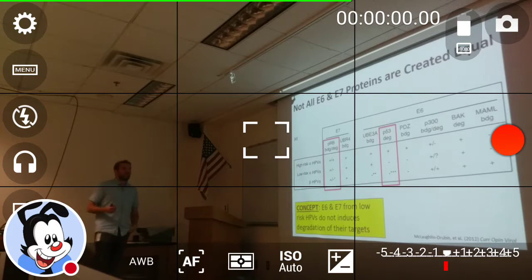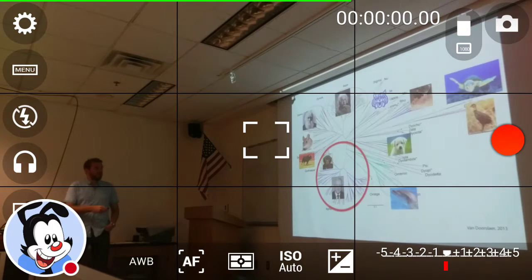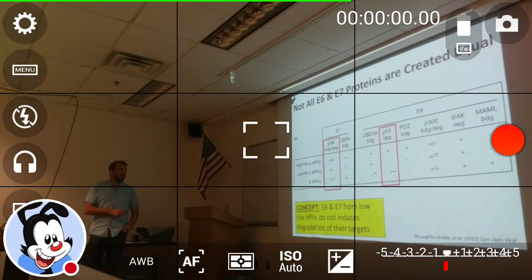Now, if you go and look, this is not my work, but this is essentially the work that I'm doing. And you start looking at all these different viruses in this clade, it turns out that a lot of these viruses share these functions, regardless of whether or not they're causing cancer.